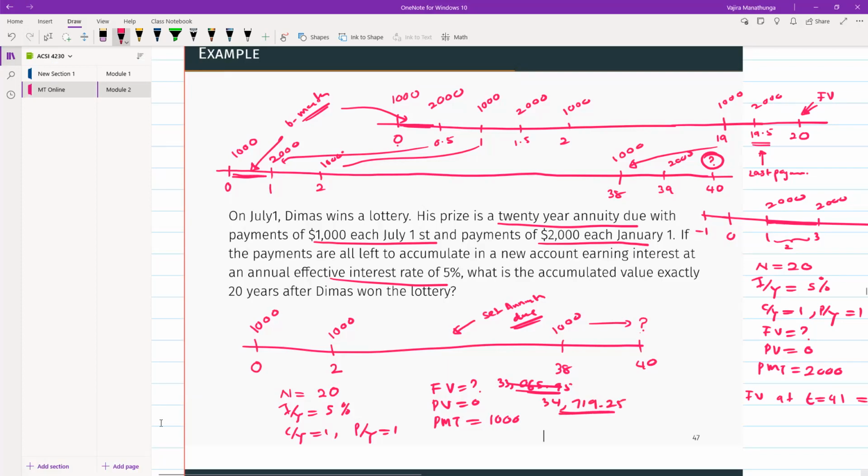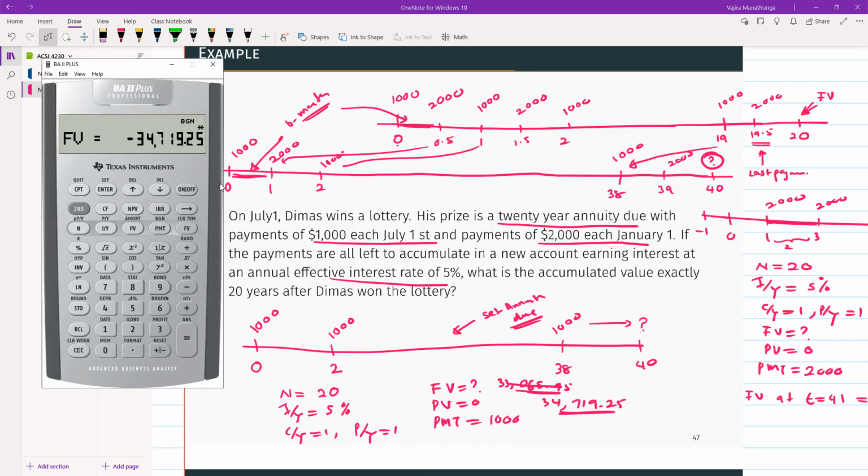Let's do the same with the other one. Second set, and second begin.